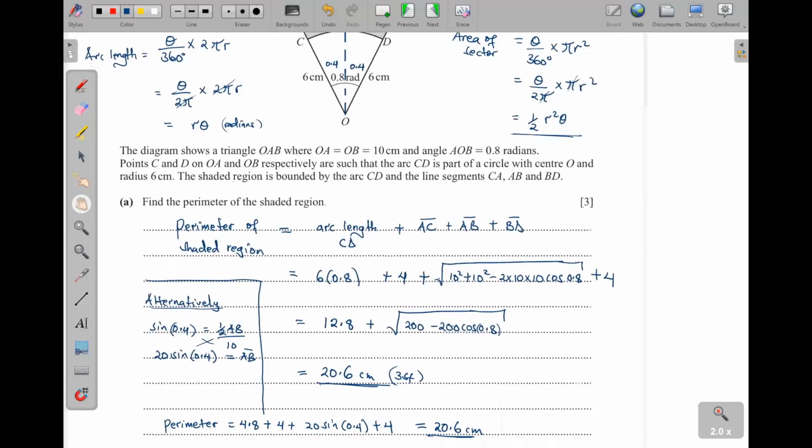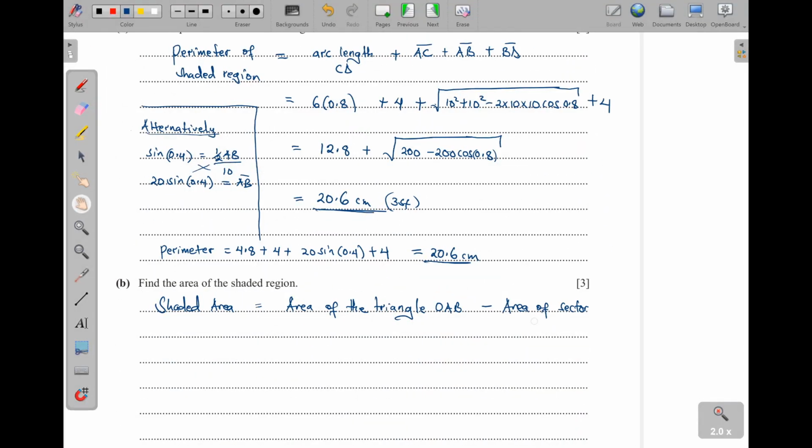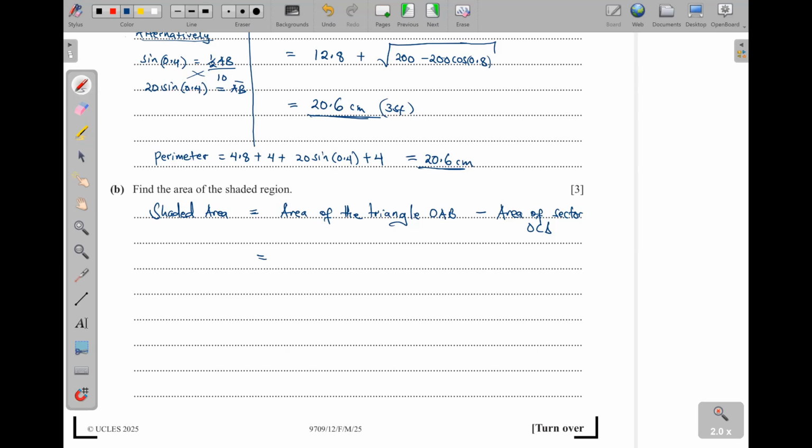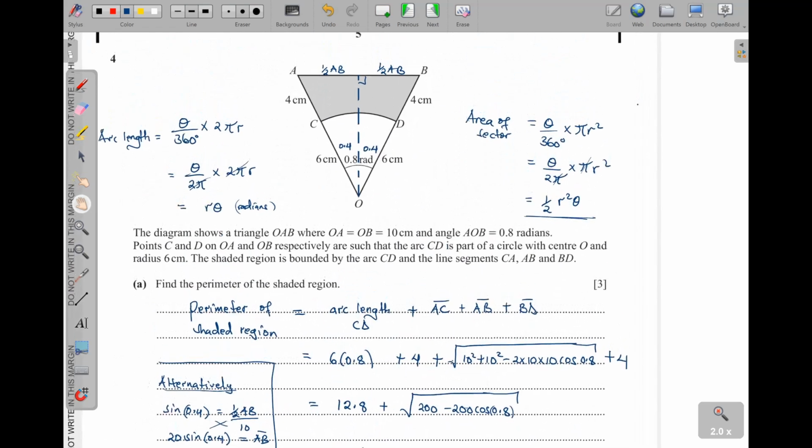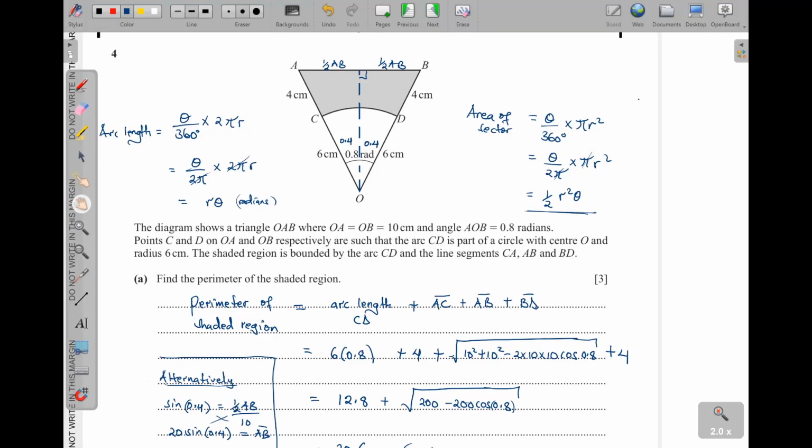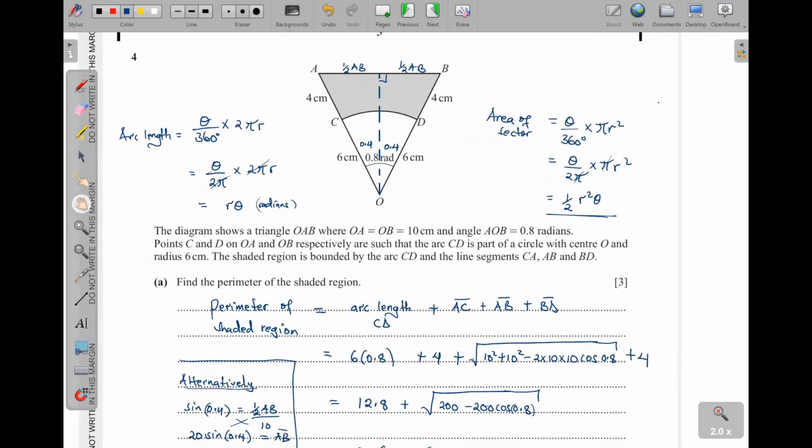The sector is OCD or CD. Now the area of the triangle is going to be a half ab sine C. I told you that before. So the a is this one, the b is this one here. Then sine of the angle in between, that's 0.8.